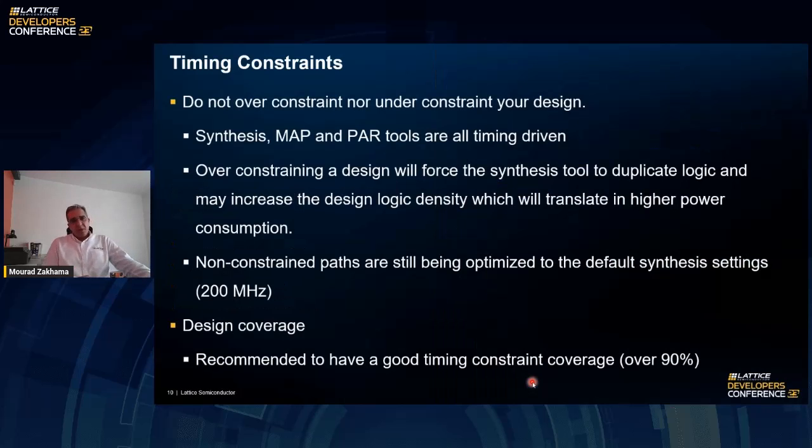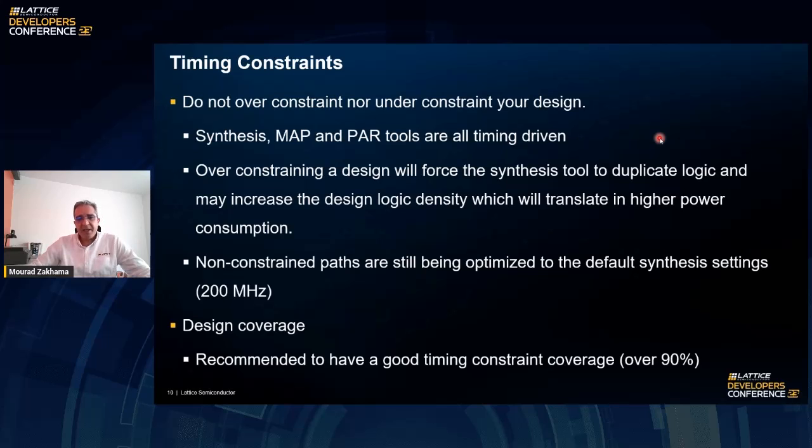So why will timing constraints have an impact on power? Timing constraints are very important because they drive, or guide, the synthesis tool and the map, place and route tool in implementing your design. And these tools are timing driven.